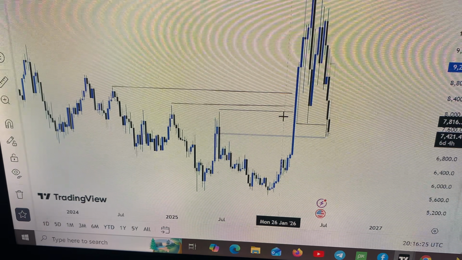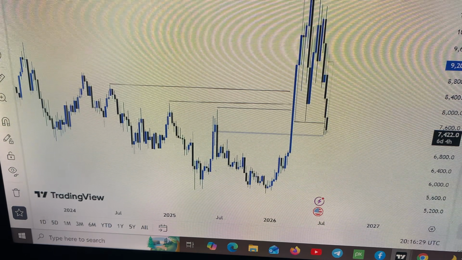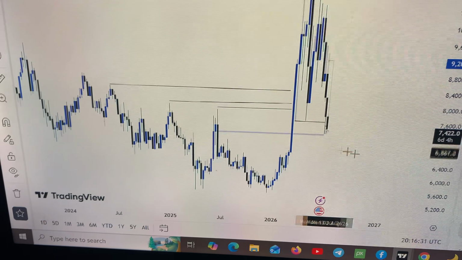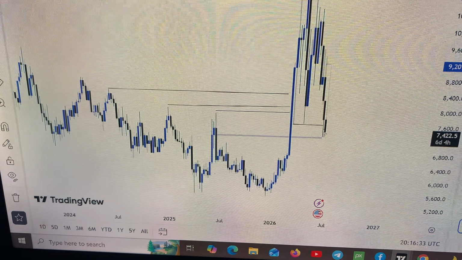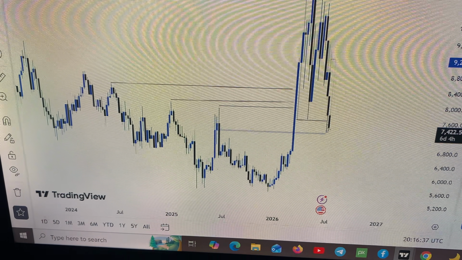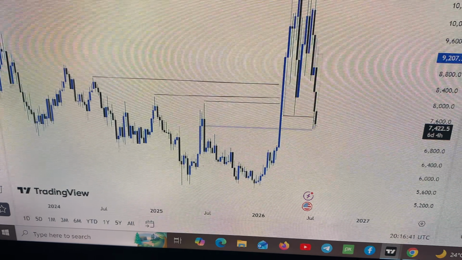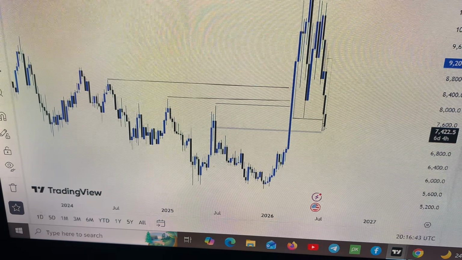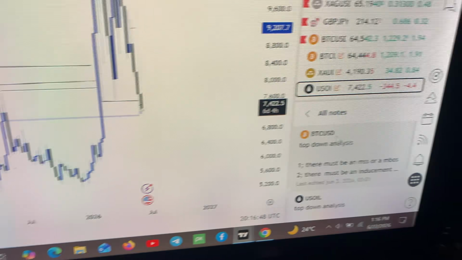So there must be a market structure shift or a multiple break of structure. Let me bring out my rules for you guys to see. Okay, I'm coming. So right here, what do we have?